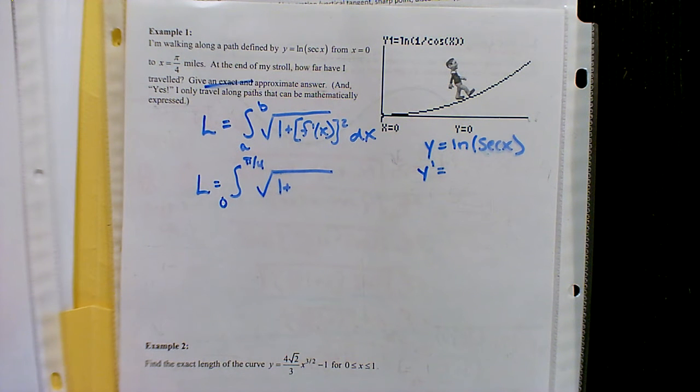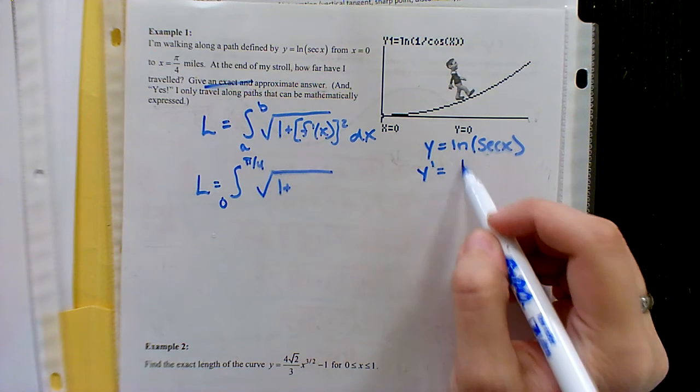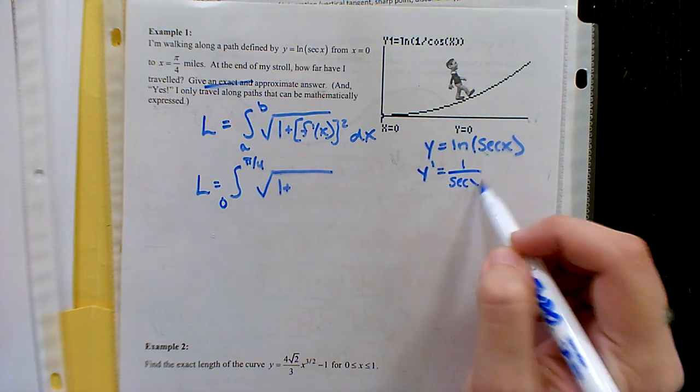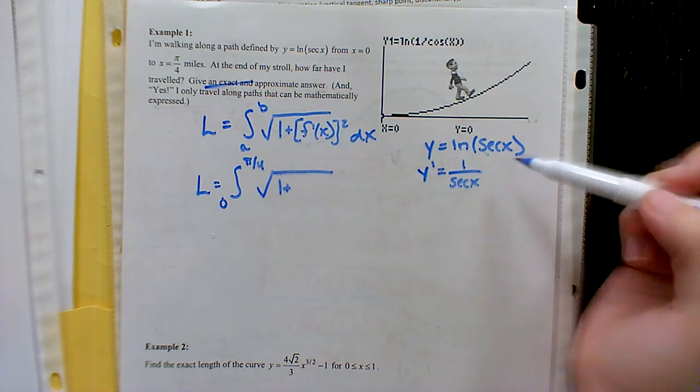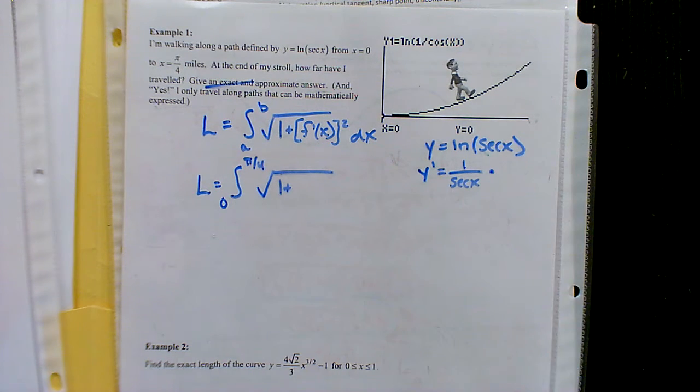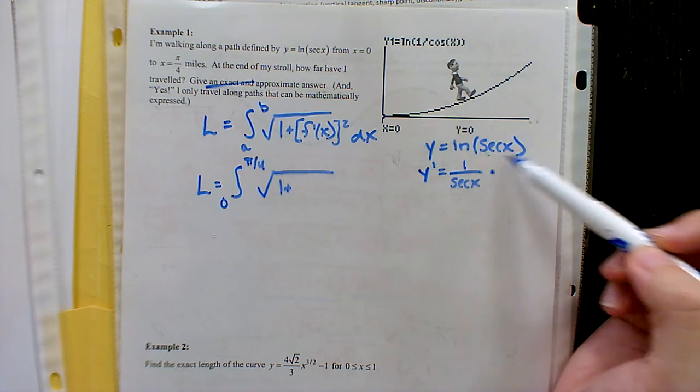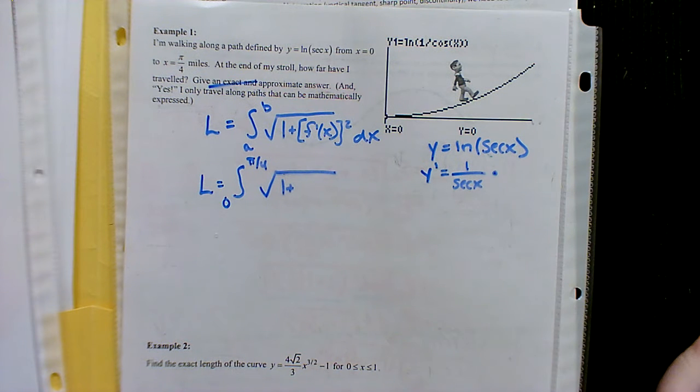Do you remember our natural log derivatives or trig derivative shortcuts? These are kind of the trickier ones. Is it 1 over secant x times cosecant x? Okay, so the natural log is 1 over the inside, in this case secant. And we do have a chain, so we have to multiply then by the derivative of the inside.